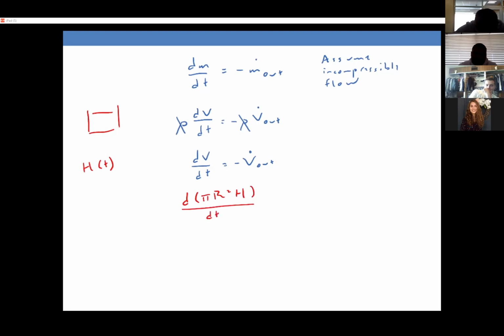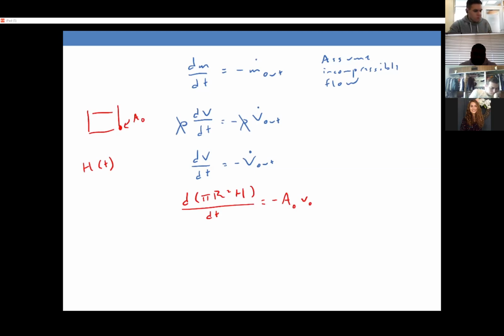And then the out is going to equal negative the area of that little hole times the velocity out, like that. Okay, this is a cylinder, so it's pi r squared h.